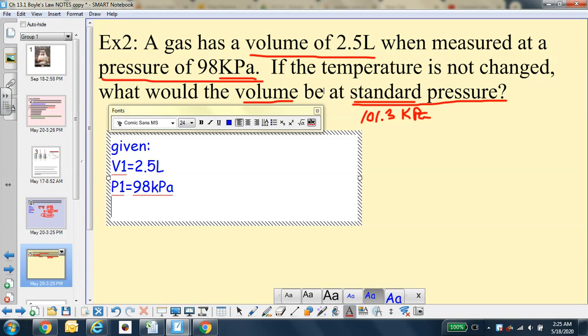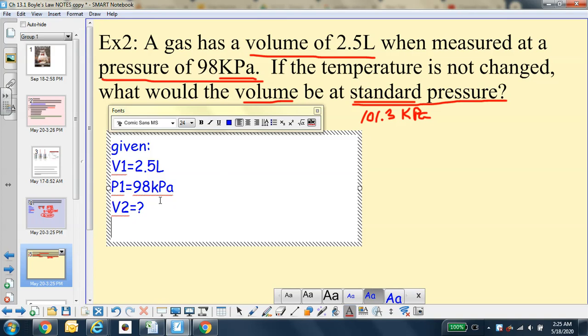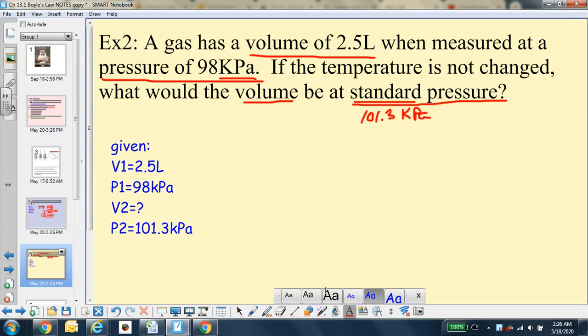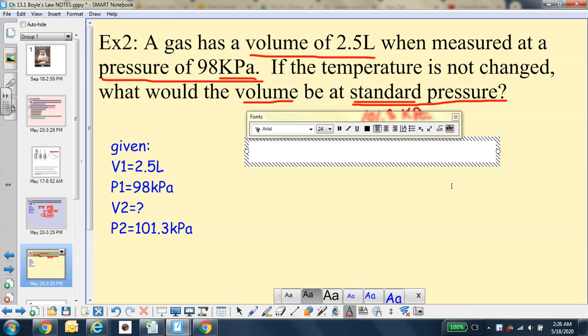What would the volume be? V2, that's what we're trying to solve for. And P2, standard pressure. Well, since it's kPa, it's 101.3 kPa. And you know what your formula is.